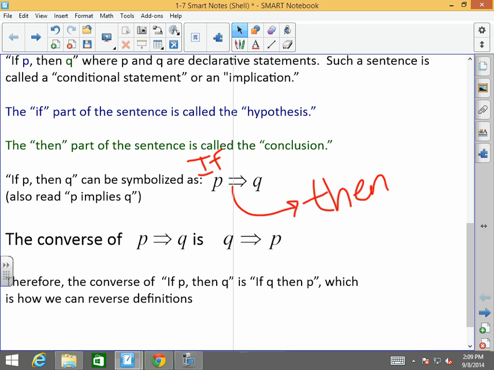When you do the converse of a conditional statement, the conclusion part now becomes the hypothesis, and the hypothesis now becomes the conclusion. So the converse of if P then Q will always be if Q then P, which is how we can reverse definitions.